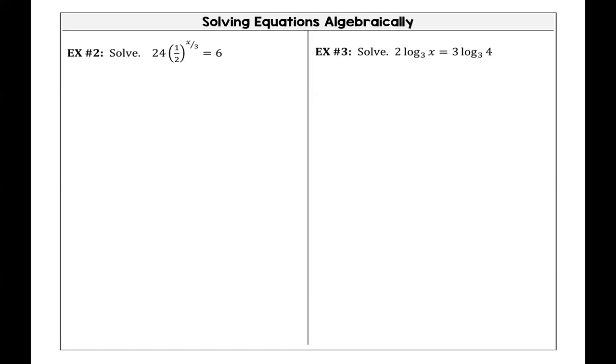We have 24 times 1/2 to the x third equals 6. Okay, so the first thing you need to do is get our exponent by itself. So in order to isolate the exponent, that's our first goal. What do I need to do to isolate the exponent?